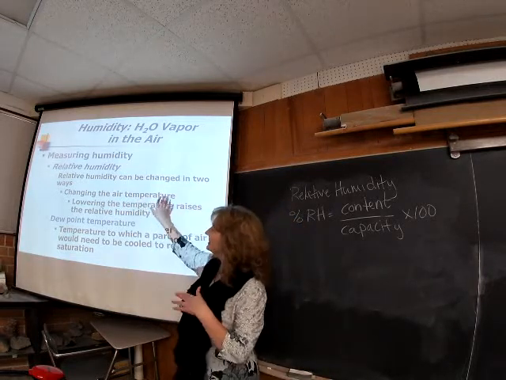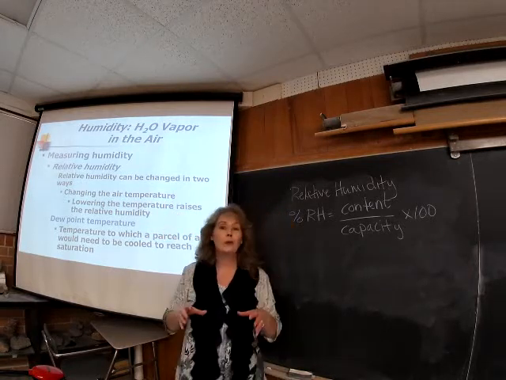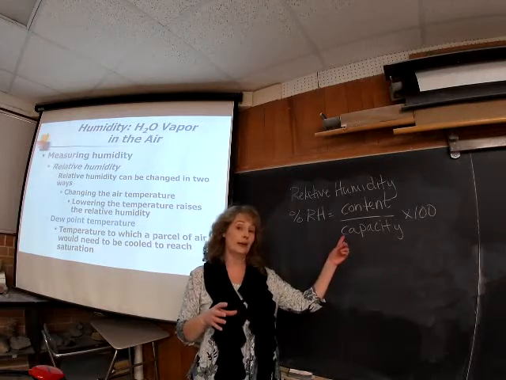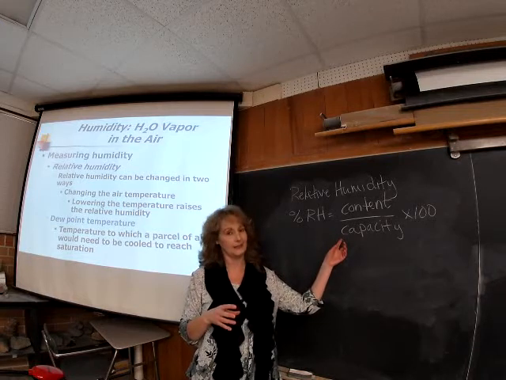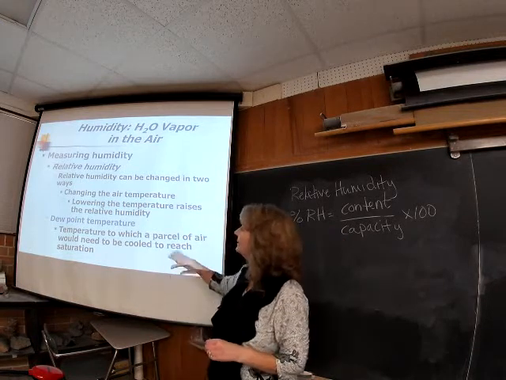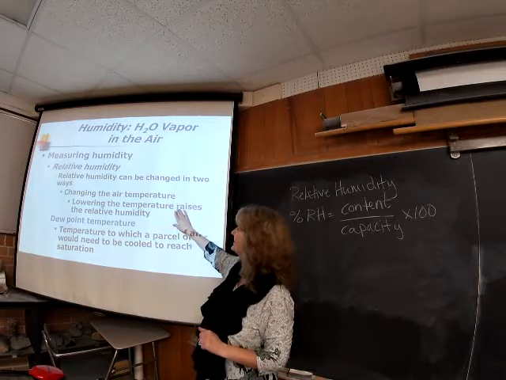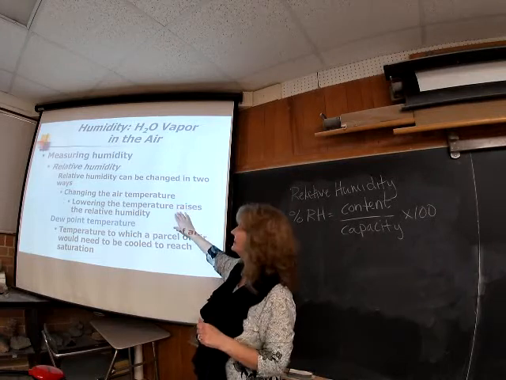By changing the air temperature, you can lower the temperature. So if we lower the temperature, we can no longer hold as much water vapor. So that would lower our capacity. Okay, if you lower the temperature, you're lowering your capacity on how much water vapor it can hold. Your content stayed the same there.